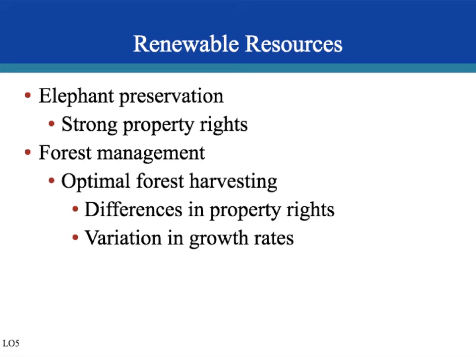And in a couple of countries like Botswana and Zimbabwe, locals were given property rights over the elephants. And so the owners of property rights preserved their elephants, and the population of elephants increased in those regions, which helped prevent elephants from becoming extinct over there.